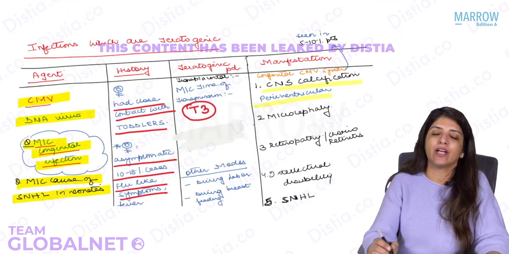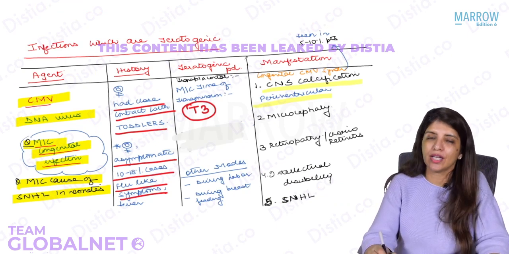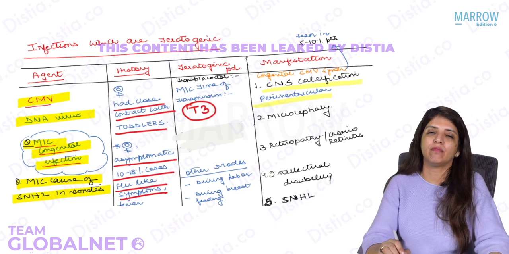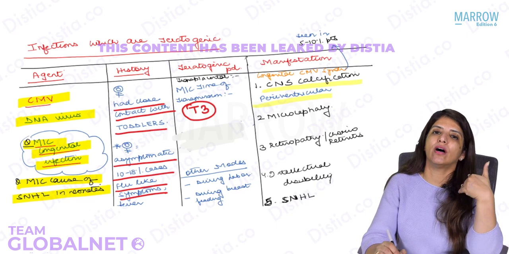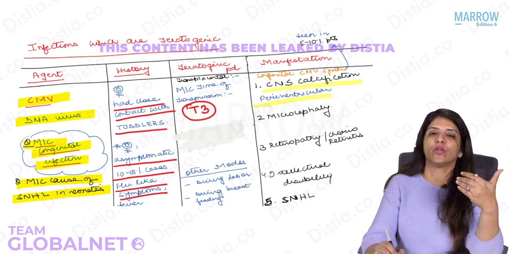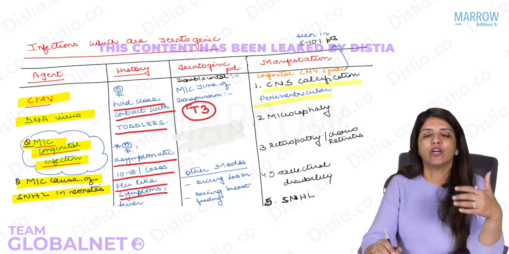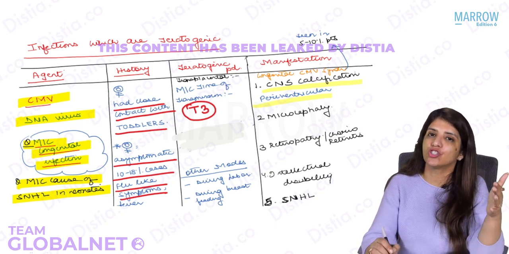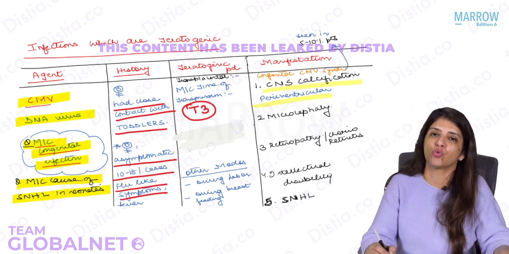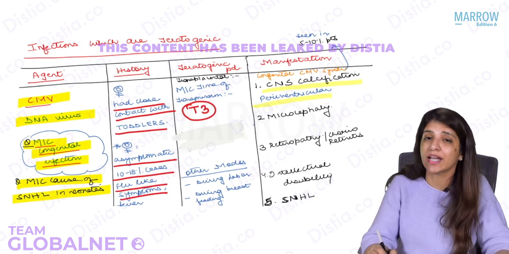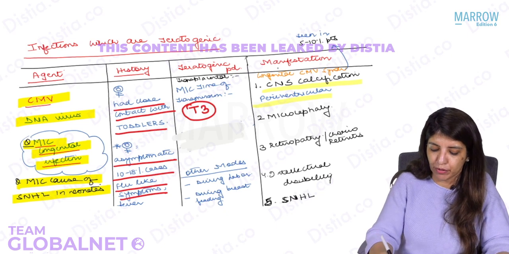It is not necessary that every pregnant female who has cytomegalovirus infection will have vertical transmission, and it is not necessary that vertical transmission results in congenital cytomegalovirus syndrome in all the fetuses who have been infected.